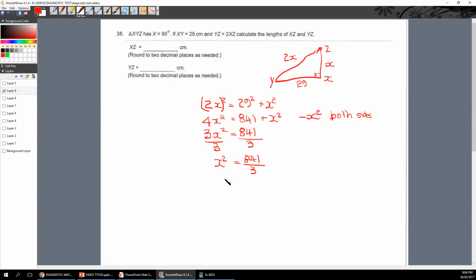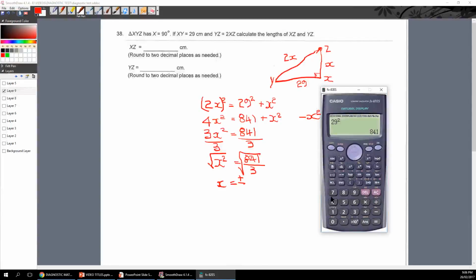Okay, so then I'm going to take the square root of both sides, and I'm going to get x equals the square root of that. Now it's actually plus or minus that, but the negative value has no sense, so we just use the positive value.